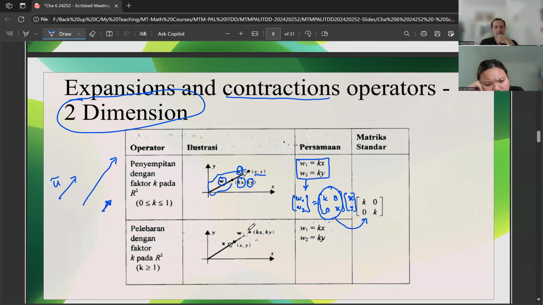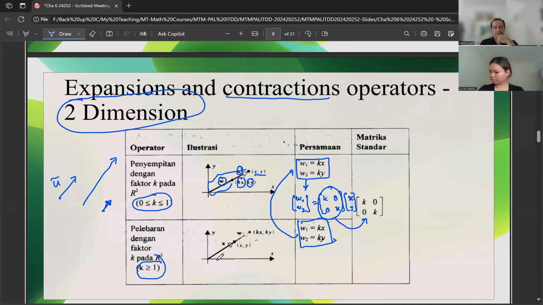And also the expansion is the same as the contraction. The equation is the same, but the difference is only k: in the contraction the value of k is from 0 to 1, but in the expansion the value of k will be greater than 1.